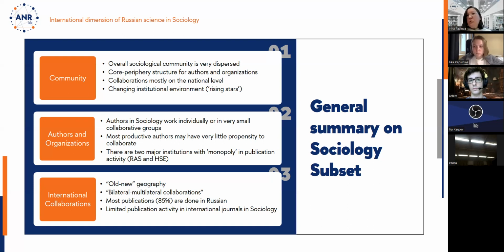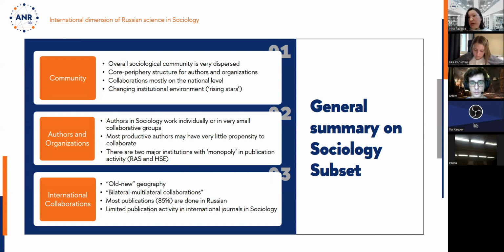The paper may be published in a Russian journal but in English, and this is one situation, and a paper which is published in a Russian journal and in Russian is another. So there is the question of visibility and accessibility of research results for international colleagues from the global academic community. And on the overall publication activity in international journals for the sociological data set, we see that it is rather limited.